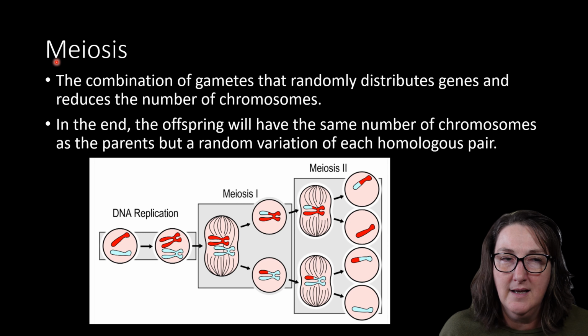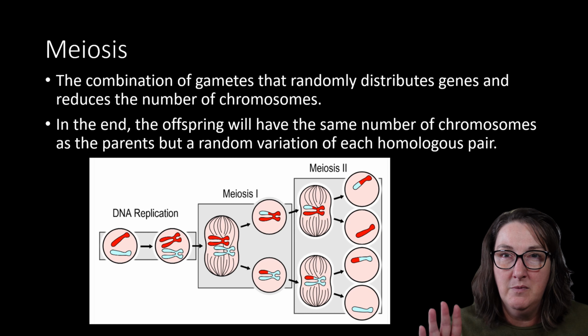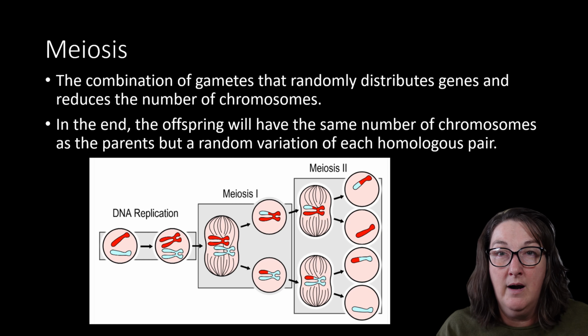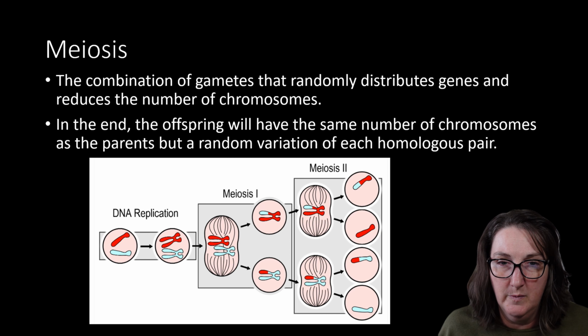So with meiosis, I have a combination of gametes that are randomly going to distribute genes, and it's going to reduce the number of chromosomes. We'll talk more about that in a second. Because remember, I don't want 92 chromosomes. I need 46. So I have to break down my chromosomes to where I end up with 23 and not 46 for humans.